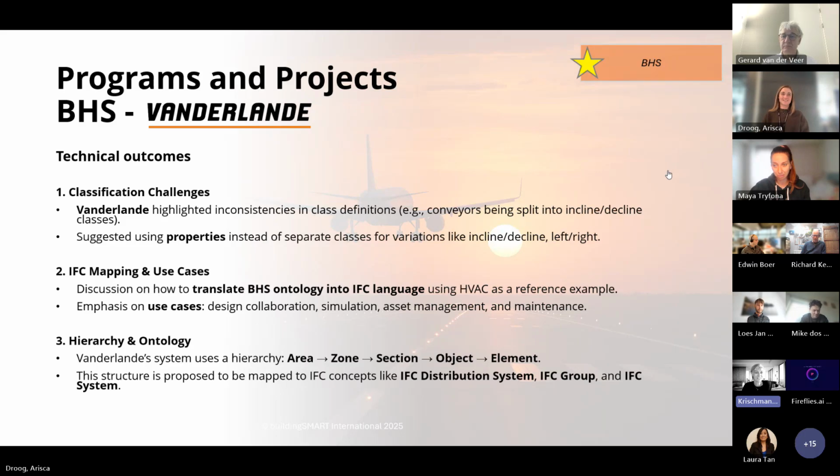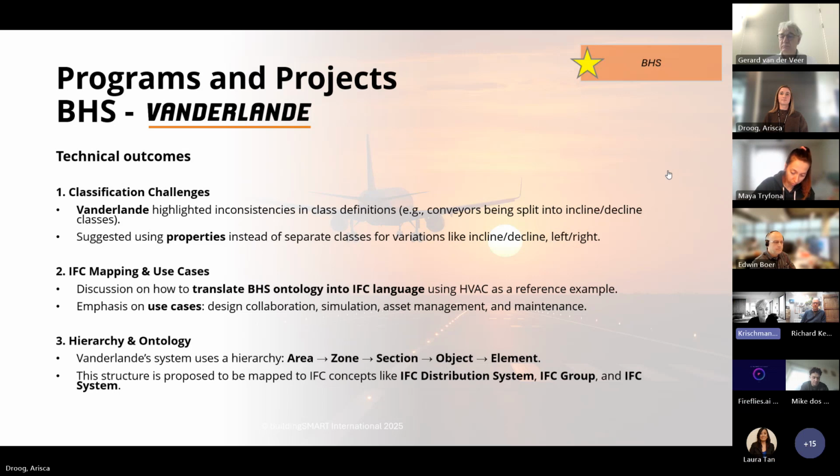So what we've got now is to talk about the technical outcomes regarding the input of Vanderlande and the airport domain requirements. So we've got the challenges of a classification and, combined with that, we need to define the properties regarding the different classifications we find out. And we've also got to map this into IFC.